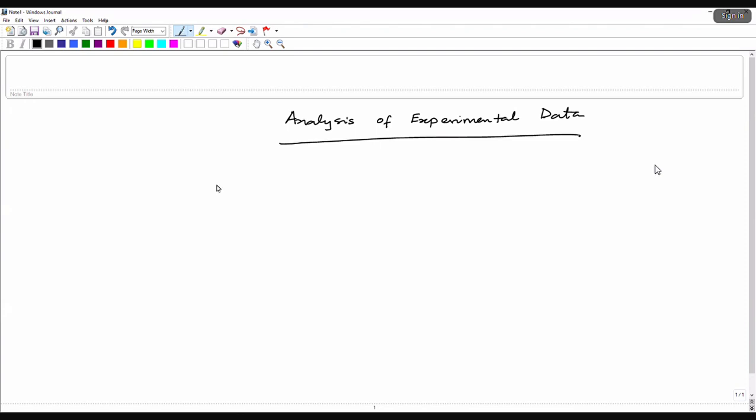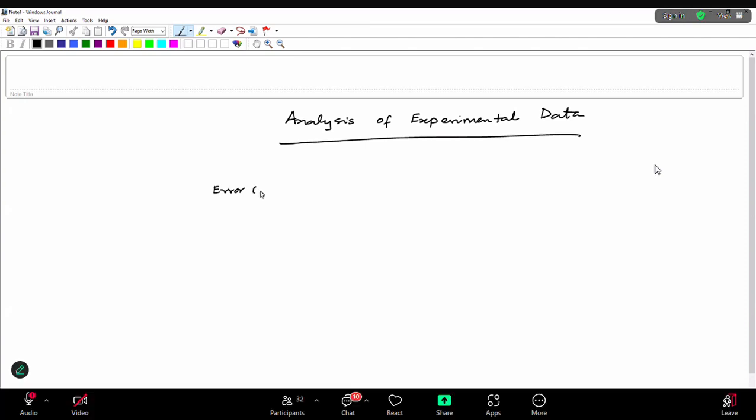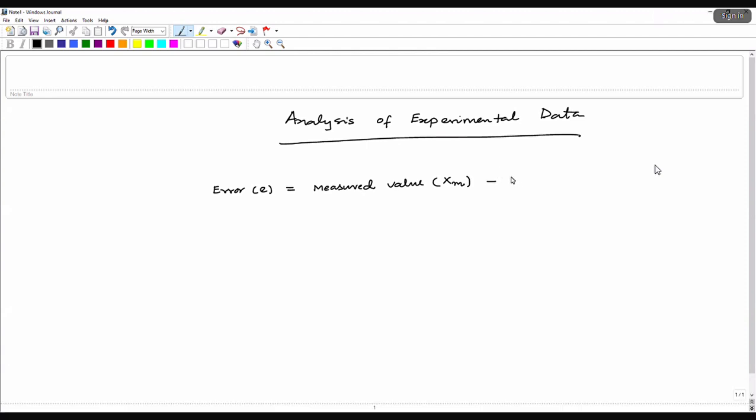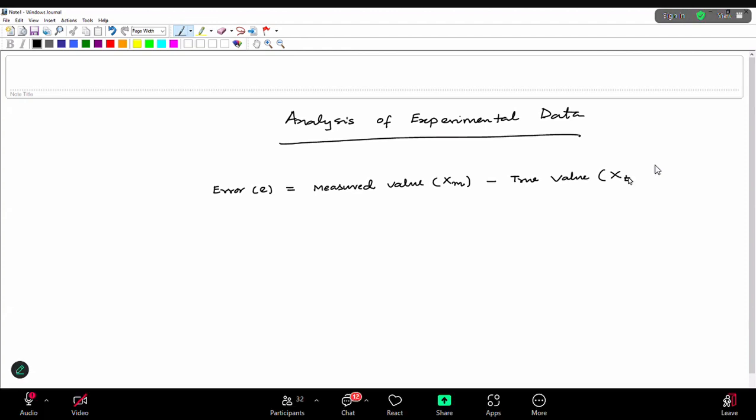So you define error, E, as the difference between the measured value, let's call it X subscript M, and the true value, X subscript T.